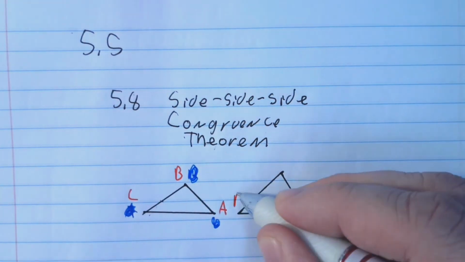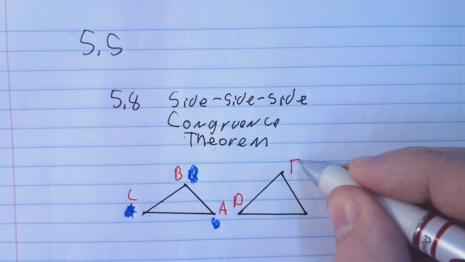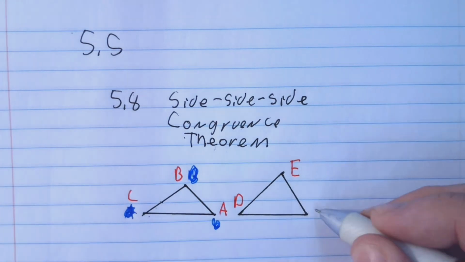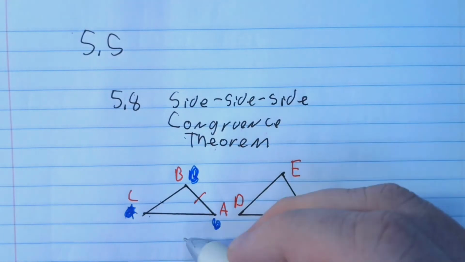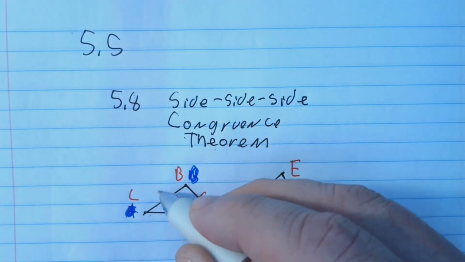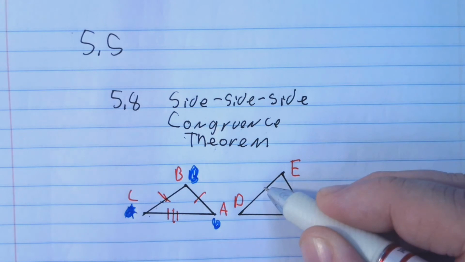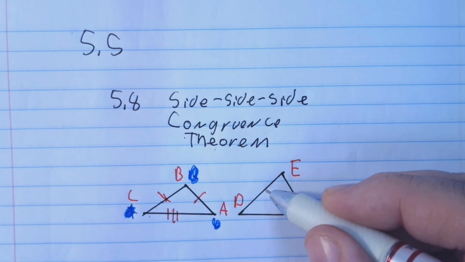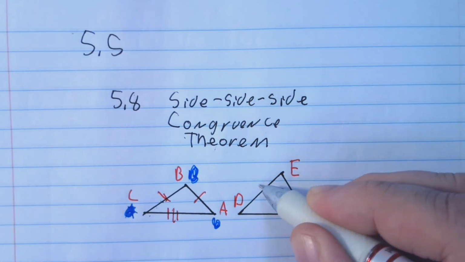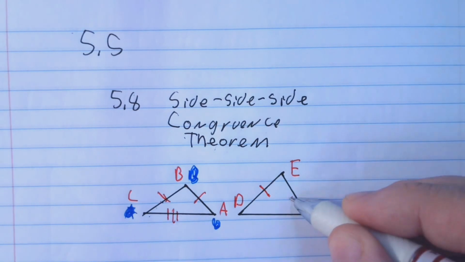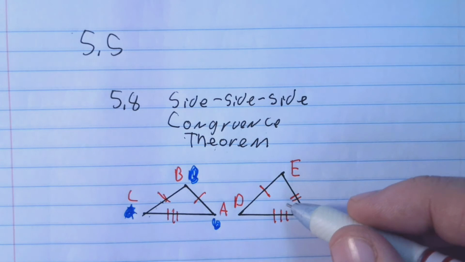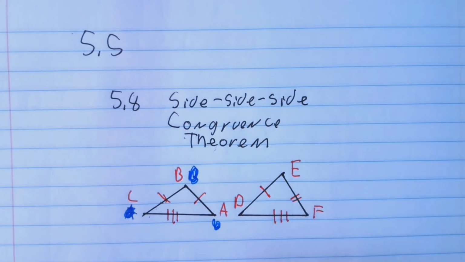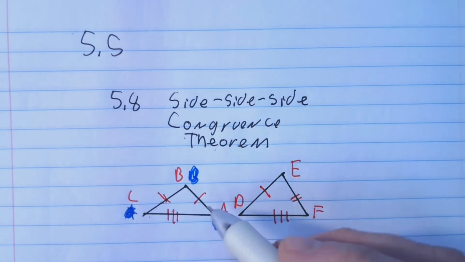And D, E, F. Okay, and then it marks it up like bam, bam, bam. And then it does, what? Here, bam, bam, bam. Maybe the book isn't wrong. Maybe it's right.